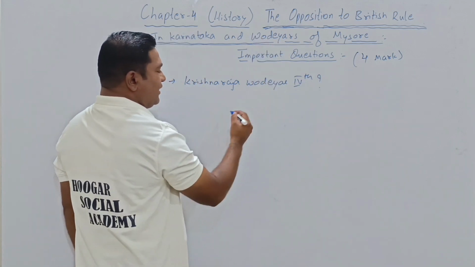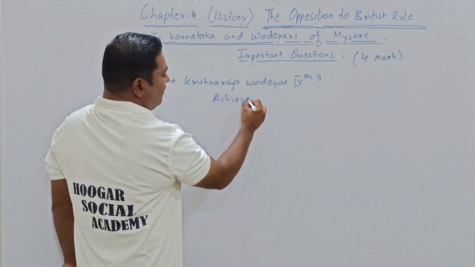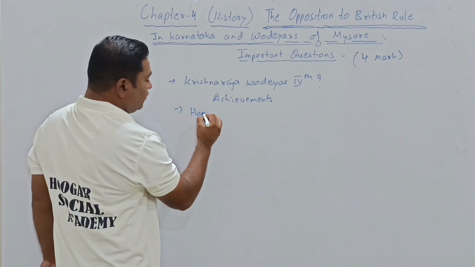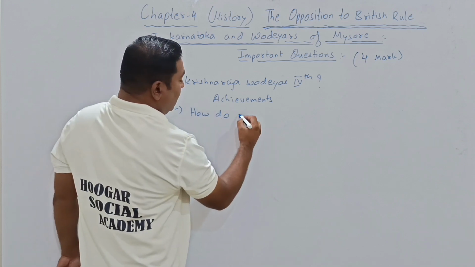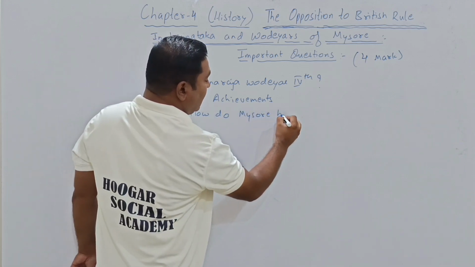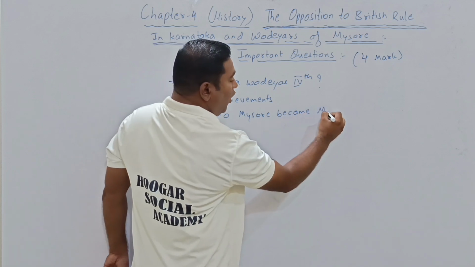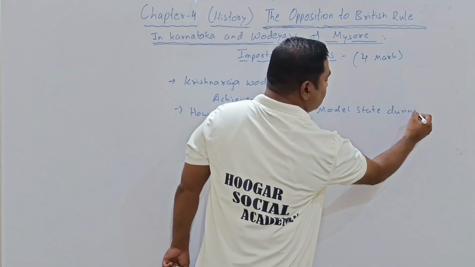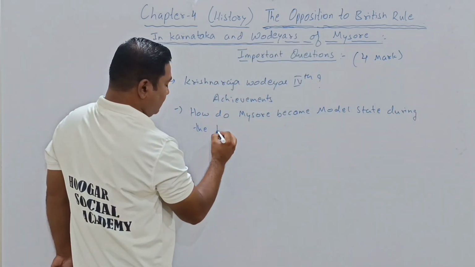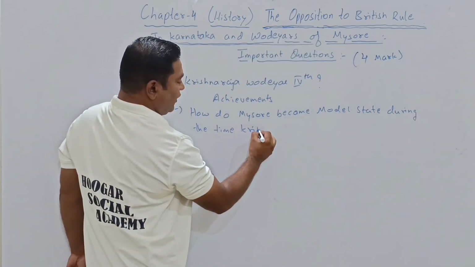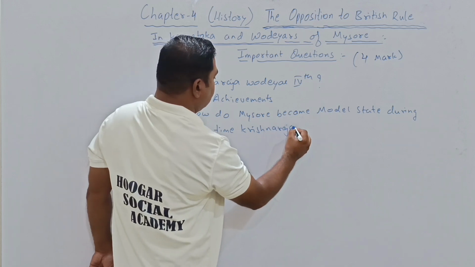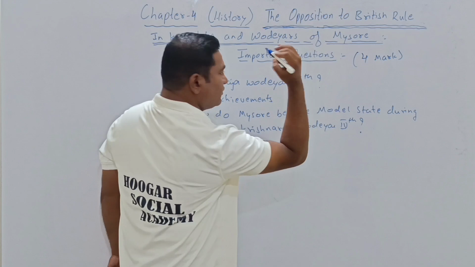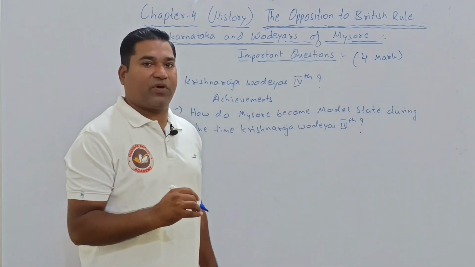What are the achievements of Krishna Raj Wodeyar IV, or how did Mysore become a model state during the time of Krishna Raj Wodeyar IV. Finished. This is the only one question which can be asked for how many marks?